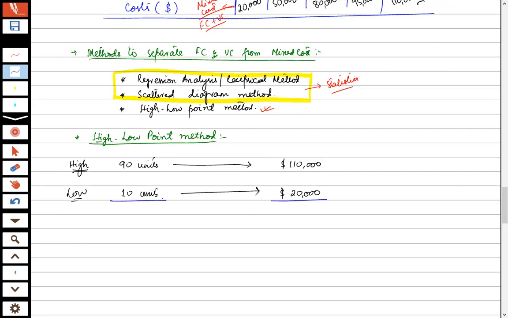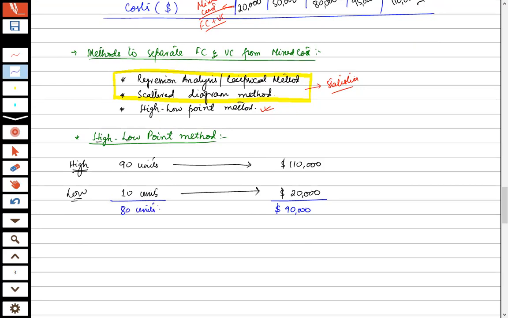Now in the next step, we will take the differences of these costs and these units. What will be the difference? 110 minus 20 would be 90,000. And 90 minus 10, obviously, would be 80 units.